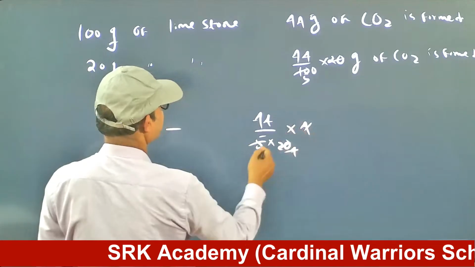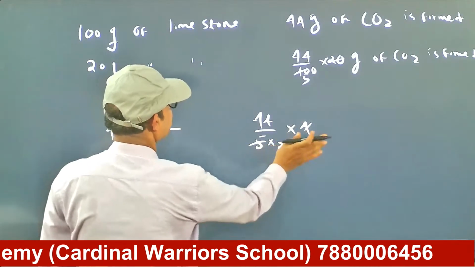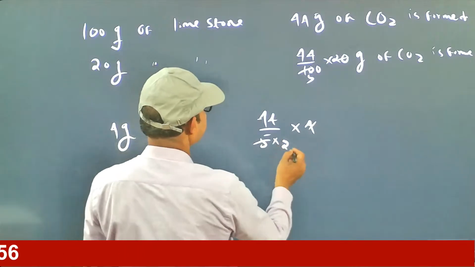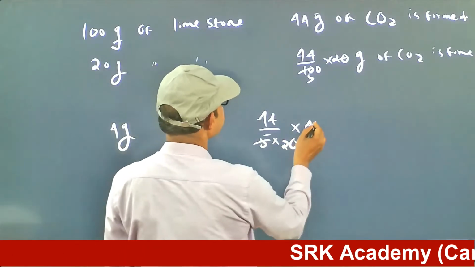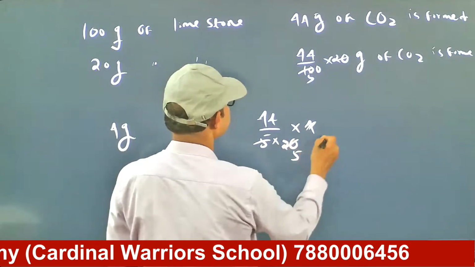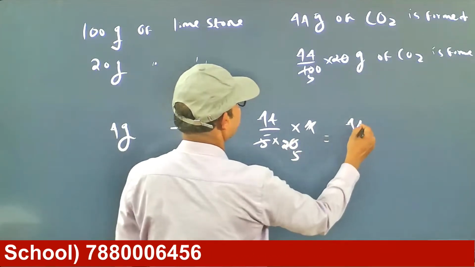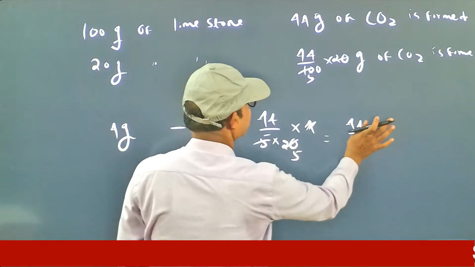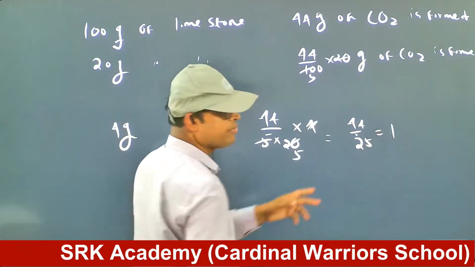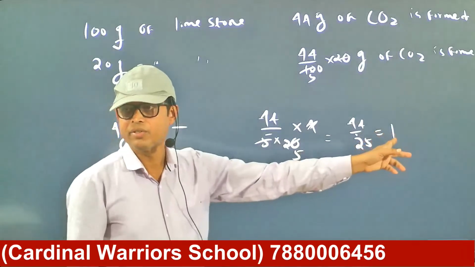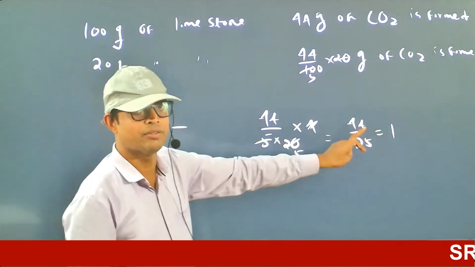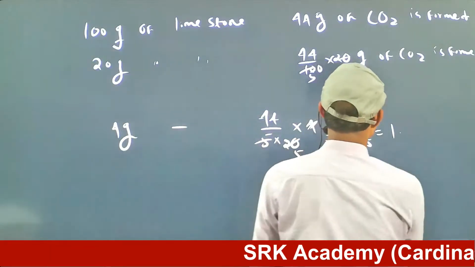This is 4, this is 5, this is 5 again. 44 upon 25. How much is it? 44 upon 25. 25 ones are 25. Yes or no? So how much is left?